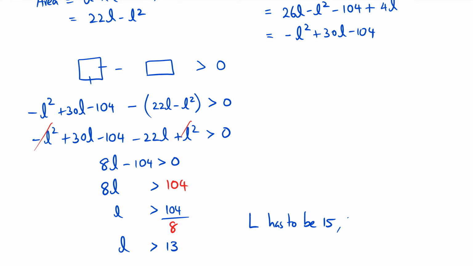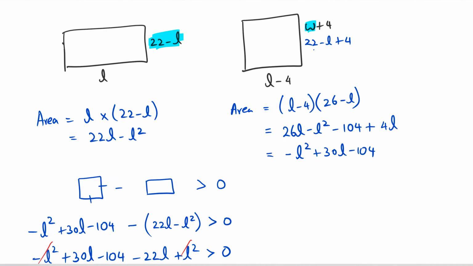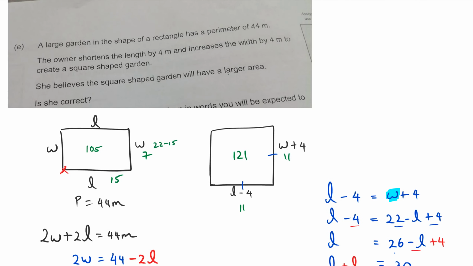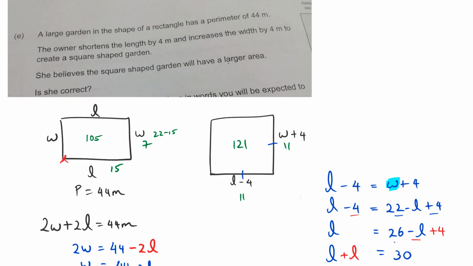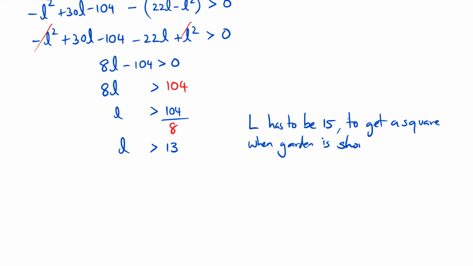L has to be 15 to get a square when the garden is reduced or extended, whatever it was. What was it? Sorry, shortened. When the garden is shortened.